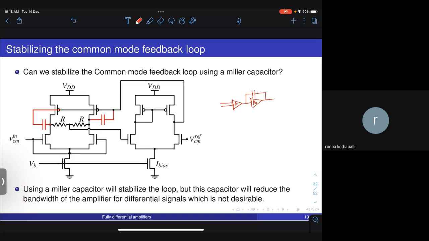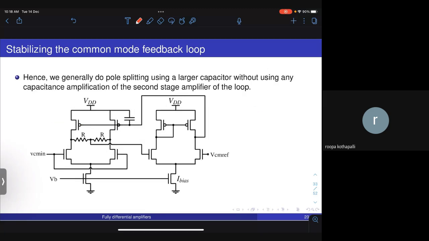This is not desirable, so generally we don't do this. What we do is, instead of putting a Miller capacitor, we just put a large capacitor at the output of the first stage. So you have a differential amplifier A1 and another amplifier A2, which forms your two-stage amplifier.